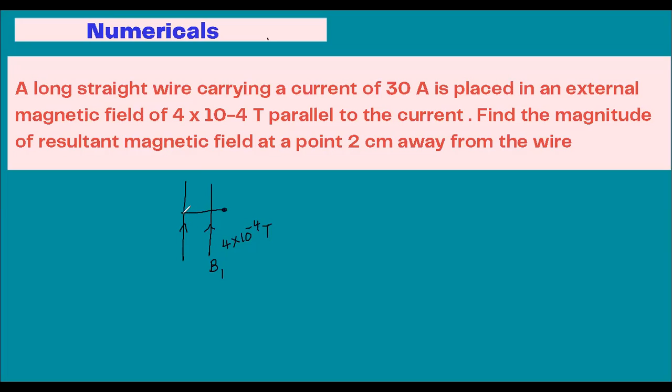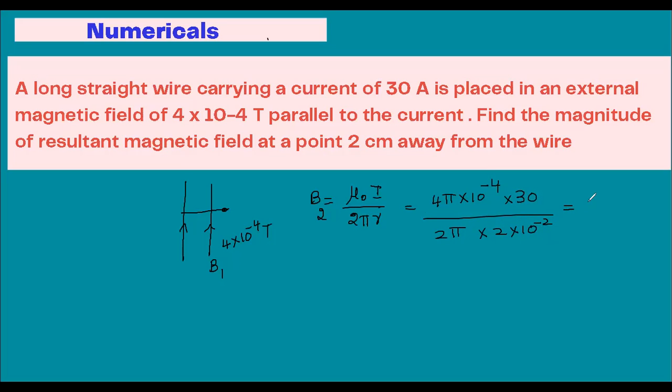But 2 centimeter away from the wire, there is a magnetic field produced by this current carrying conductor, which is given by B is equal to mu naught I divided by 2 pi into R. Let's call that B2, which is 4 pi into 10 to the power of minus 7 into 30 ampere divided by 2 pi into 2 into 10 to the power of minus 2.